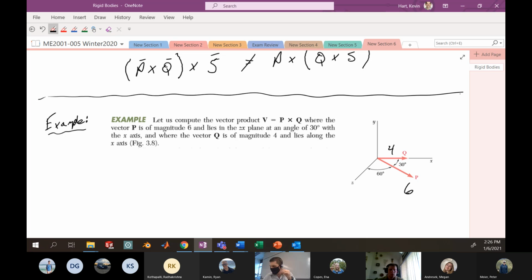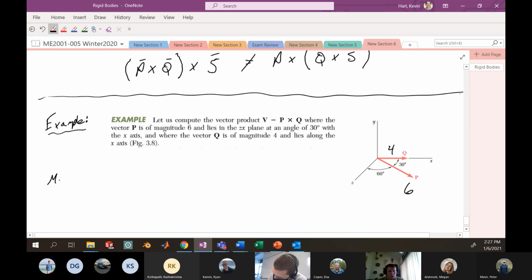Okay. So we notice our cross product here results in a vector. So P cross Q gets us a vector V. If we want to fully answer this problem, we have to make sure that we know both the direction and the magnitude of our resulting vector V. So let's work through it.